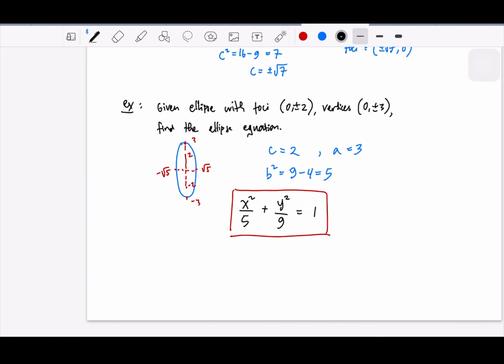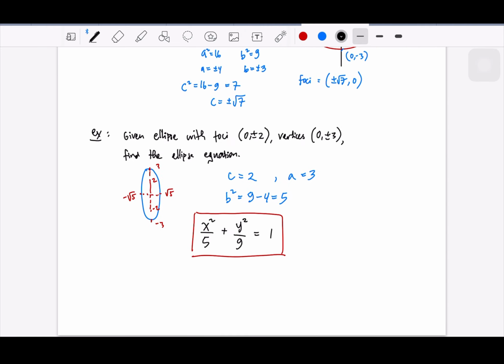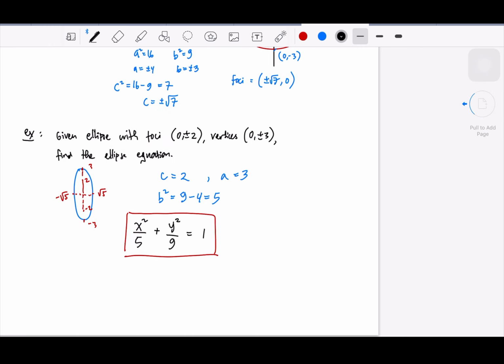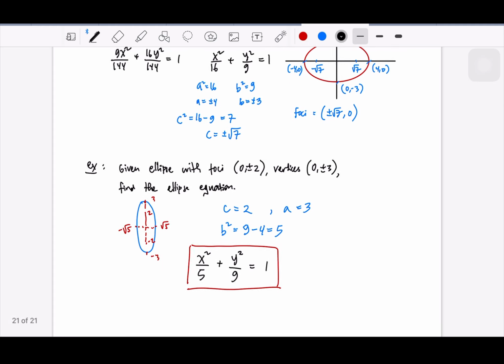Now I think I can move to the other sections, which is the hyperbola. So hyperbola has some similarity with ellipse in terms of definition.